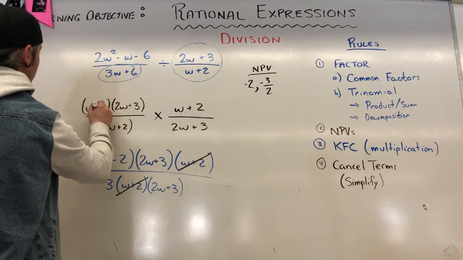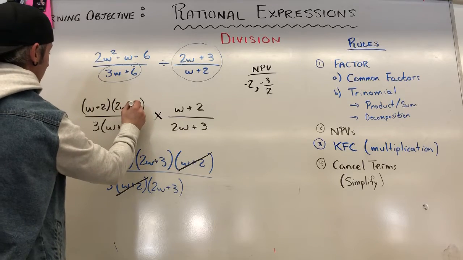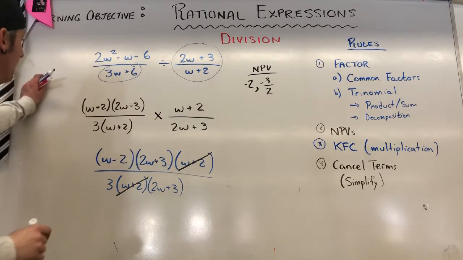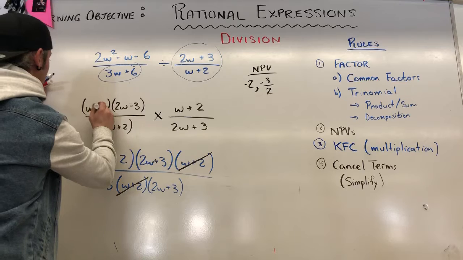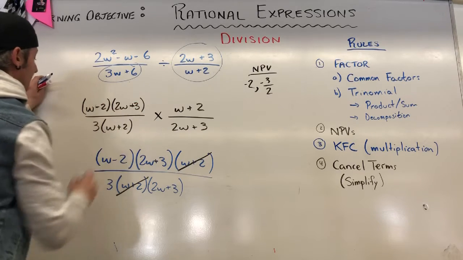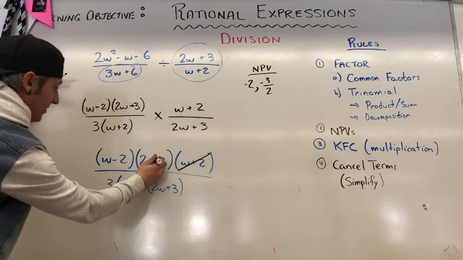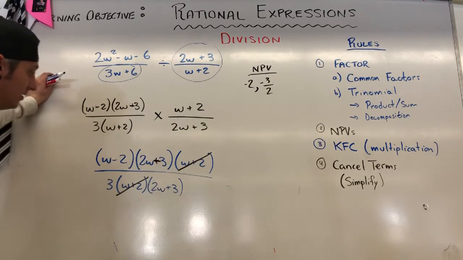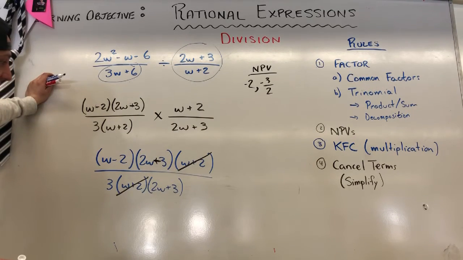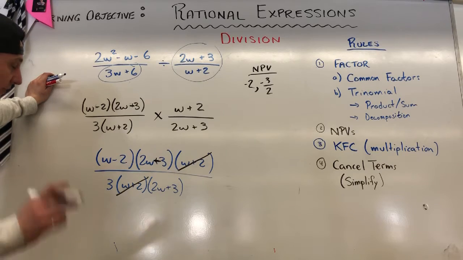Well, that should be w plus 2, 2w minus 3. Nope, minus 2 plus 3. I had it right. Okay, so that should be plus 3. I think I made a mistake somewhere along the way. I'm sorry, but I probably just wrote a sign wrong somewhere. Anyways, we'll get back to it.